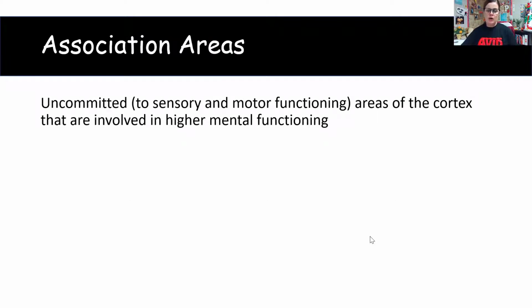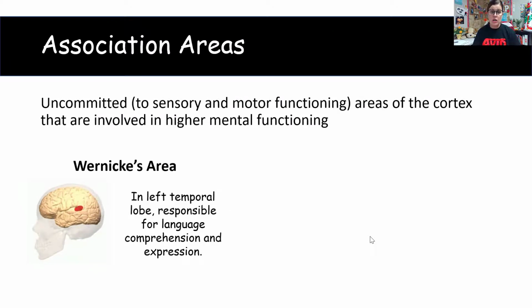So first we need to cover the idea of something called association areas. Association areas exist in your brain, and these are parts of the cerebral cortex that are uncommitted, meaning they don't have a responsibility to sensory and motor functioning. They are actually involved in higher mental functioning.